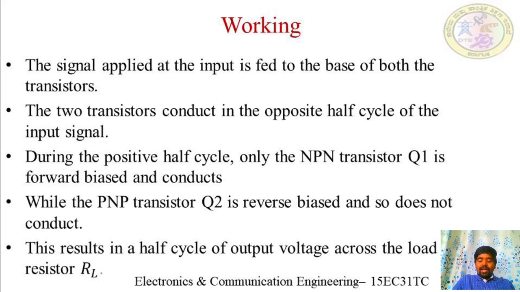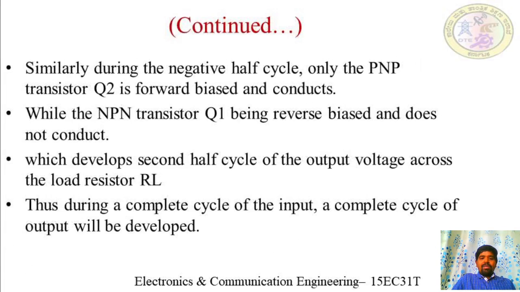Exactly the reverse happens during the negative half cycle. In the negative half cycle the PNP transistor is forward biased and the NPN transistor is reverse biased. So that's what we discussed. At one half of the input signal only one transistor will be on, either the PNP transistor or the NPN transistor. But obviously the result is that at the output we develop the complete cycle of the input signal, which appears at the load resistance.